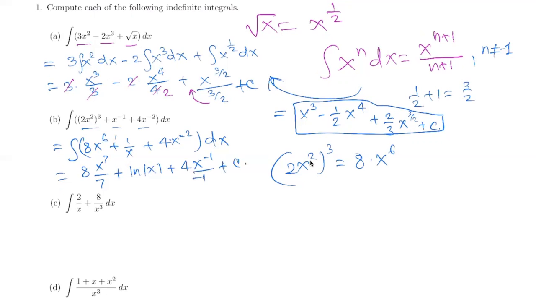You may leave it here, or you can simplify. If you want to simplify, it's 8/7 x to the 7 plus natural log of x. Here is 4 over -1. That's -4 in the front. And x raised to -1, you may leave there, or that's 1 over x, plus c.